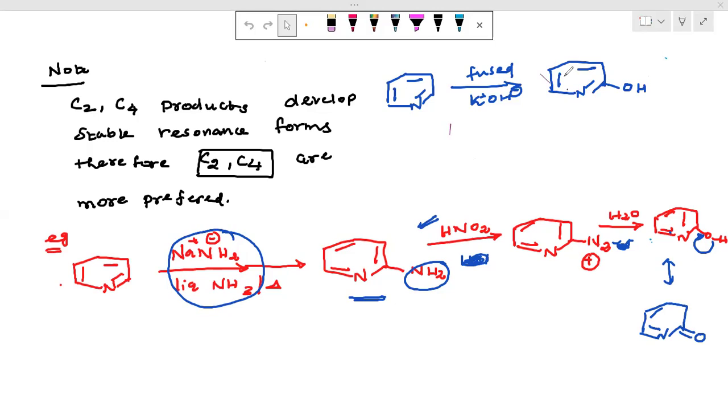Next பாத்தீங்க அப்படின்னா, third example, in the presence of N-butyl lithium. Okay, lithium has the charge of plus, butyl has the charge of negative.